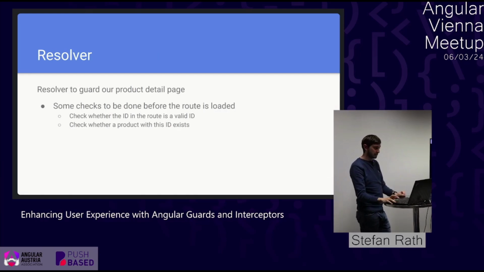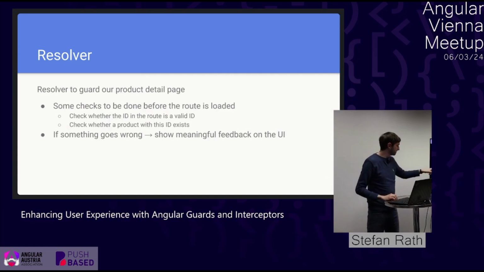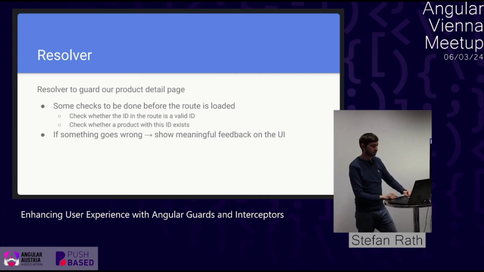Just prefetch data. And if something goes wrong, show meaningful feedback on the UI. I don't know if you like my talk or not, but the only thing that you should remember is: if something goes wrong, show meaningful feedback on the UI.